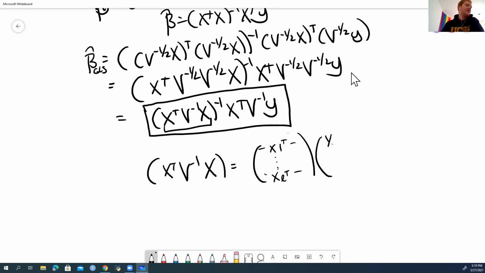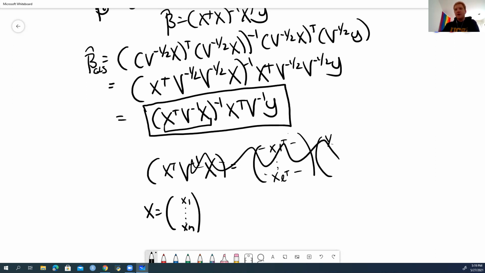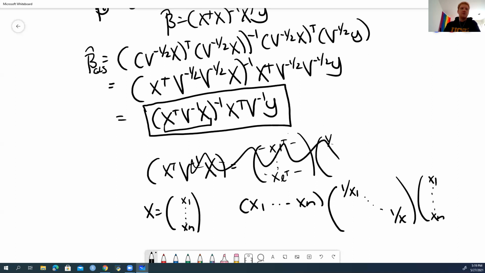If you'll notice, this is actually a lot simpler. x is just the vector x1 through xn, because we don't have an intercept. So the entire data matrix is just x1 through xn. Then we can simplify a lot, because this ends up being x1 through xn times the matrix with 1 over x1 through 1 over xn, and then again times the vector x1 through xn. So you can get an actual value for this.